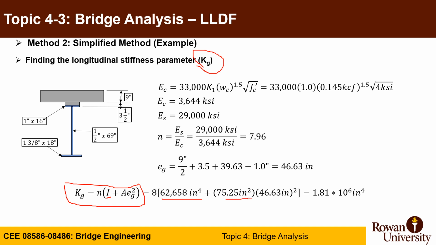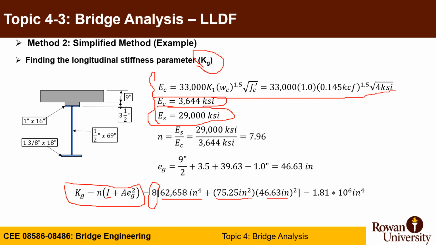The area is also given. We need n, modular ratio, and we need the e value. So the modular ratio, you can calculate it based on the ratio between the modulus of elasticity of steel and concrete. And for concrete, you can take it from the equation that is by AASHTO. So the modular ratio in this case will be almost 8.